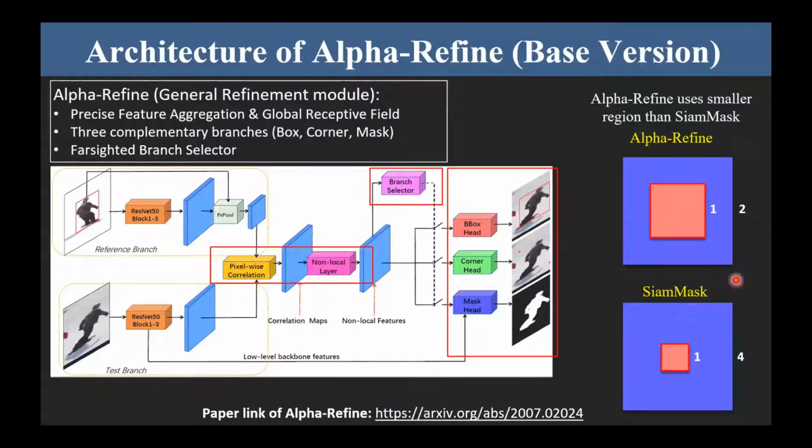However, for SiamMask, the side length ratio between the target and the search region is 1:4. The reason why we can use a smaller search region is that the base tracker has already roughly located the target. So the refinement module only needs to precisely predict the box or mask rather than searching around the target on the search region.